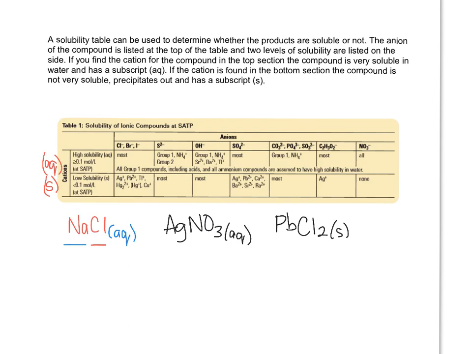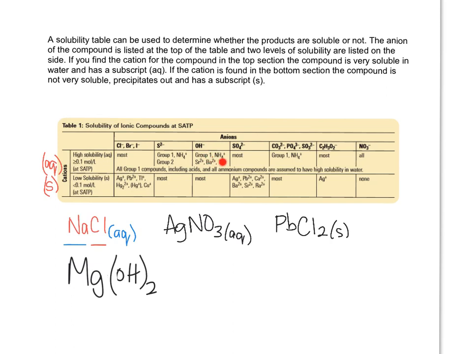A few more examples. Let's do magnesium hydroxide. Magnesium hydroxide. So our negative ion, the second part of our compound, is hydroxide. So we come to this column.